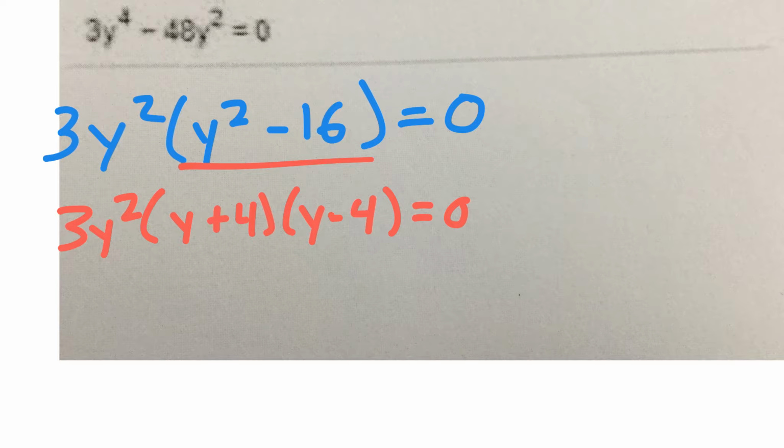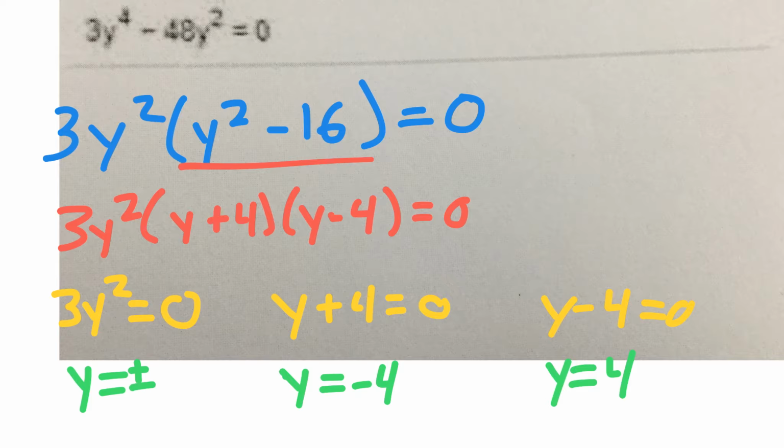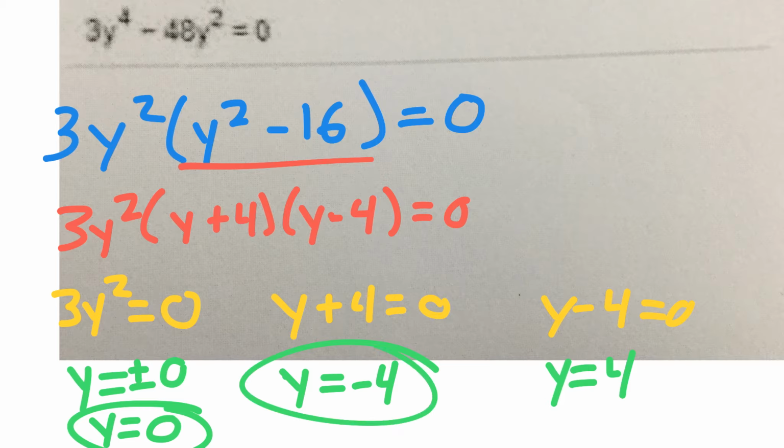Well, guess what? One of the 3 things has to actually be 0. So 3y squared equals 0, y plus 4 equals 0, or y minus 4 equals 0. So that tells me y is equal to 4, y is equal to -4. Divide by 3, take a square root. y equals plus or minus 0, which is just a 0.